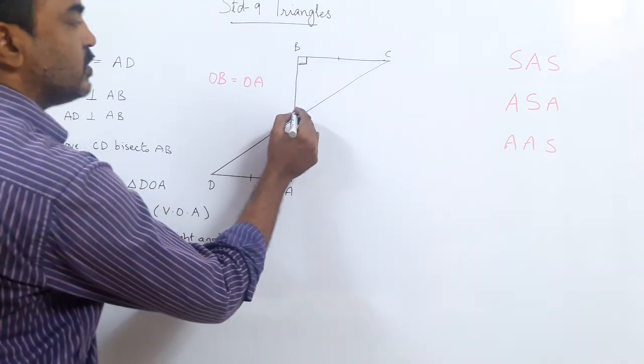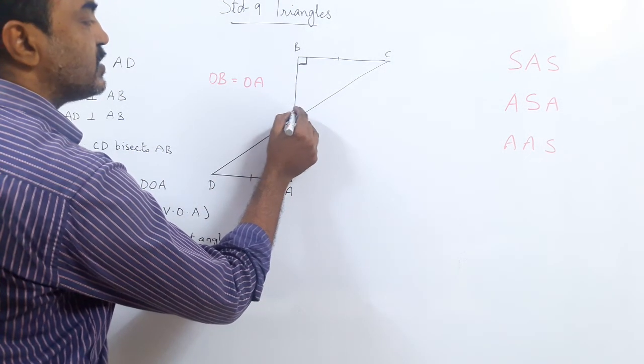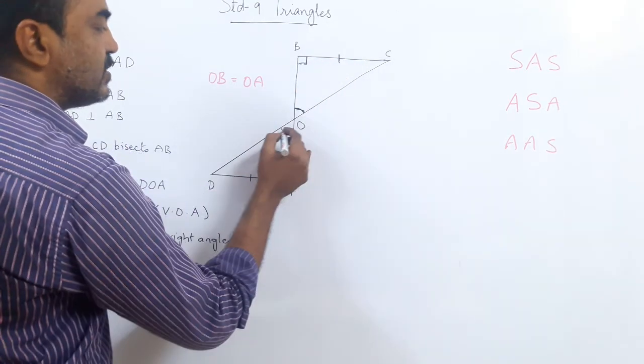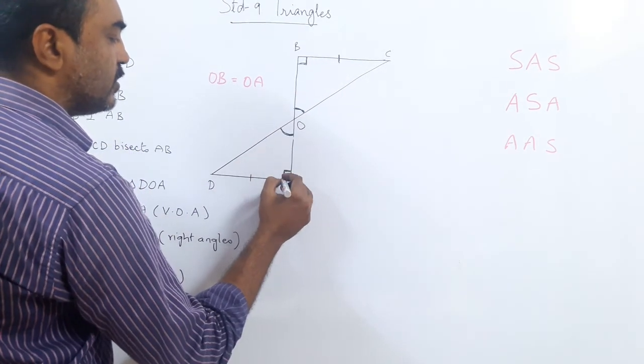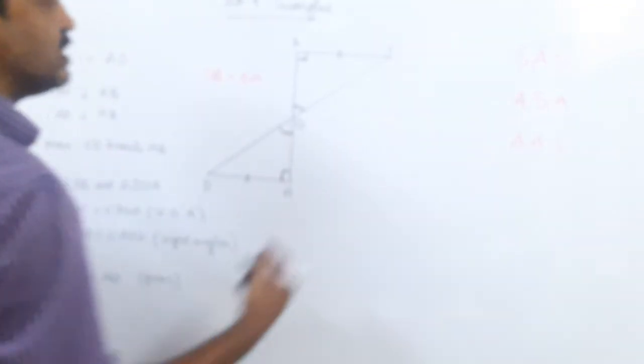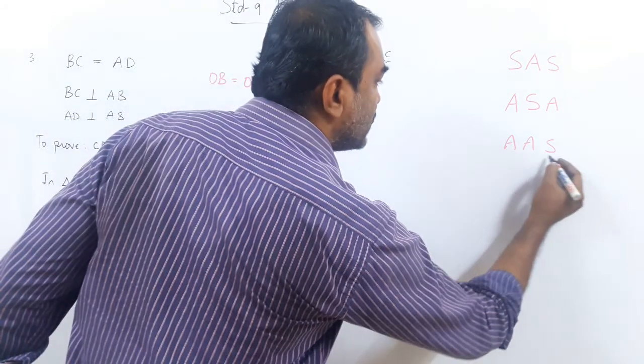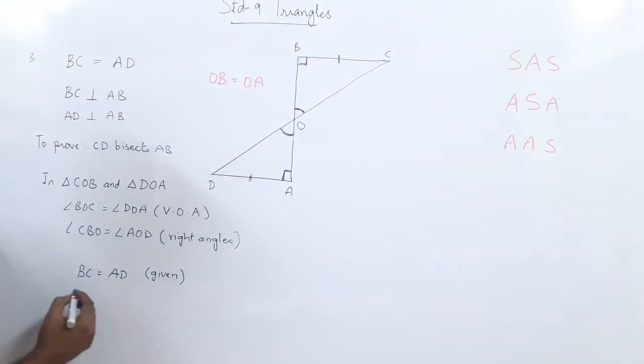Look at this. First I took this angle, then I took this angle, then I took this side. In the same way I took this angle, and this side. So which one is matching here? If you notice, this one matches this one. So I write here by AAS.